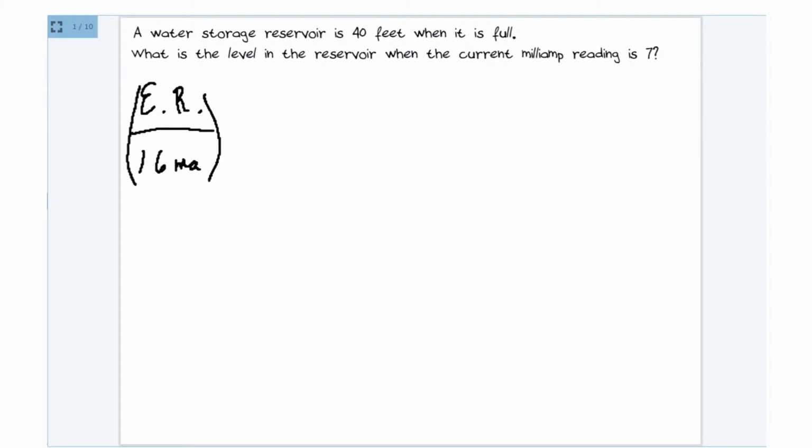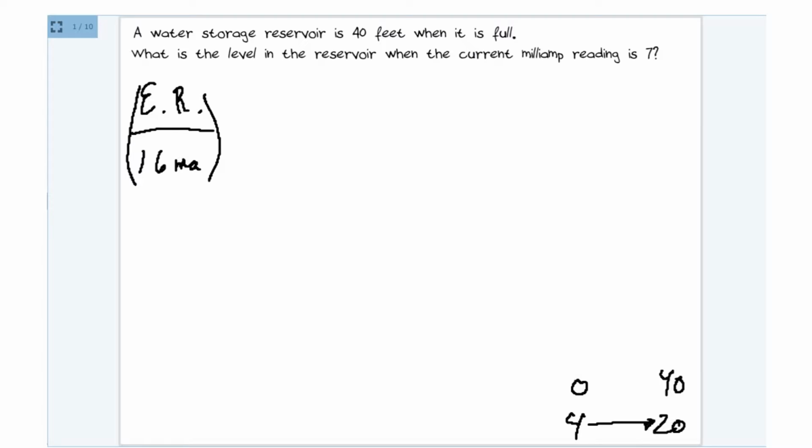I'm going to write down on the bottom here, 4 is going to be when your range is 0 level, and 20 milliamps is in this case when your range is 40 feet. So the difference between this 4 and that 20 is 16.